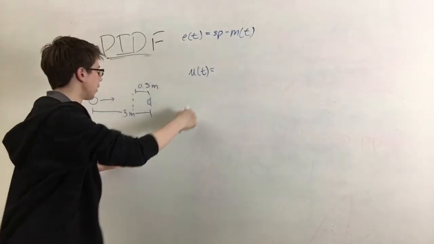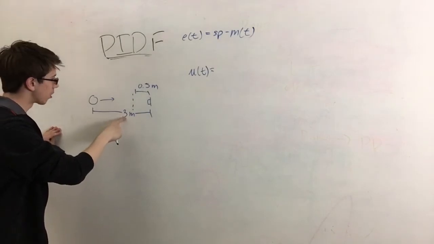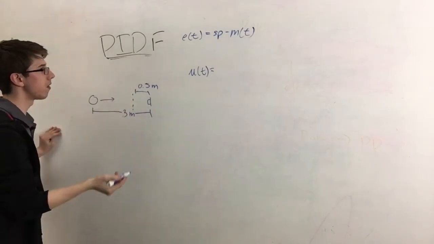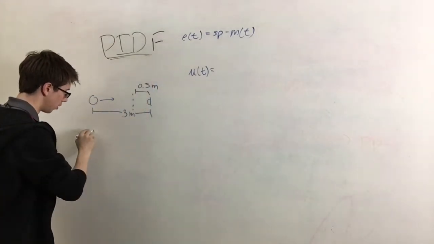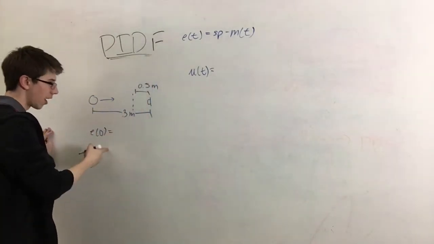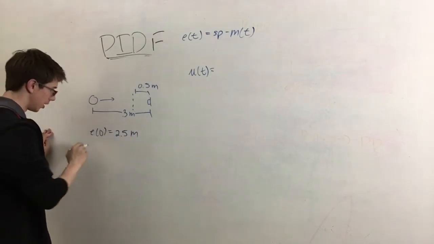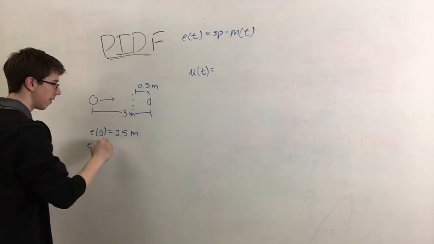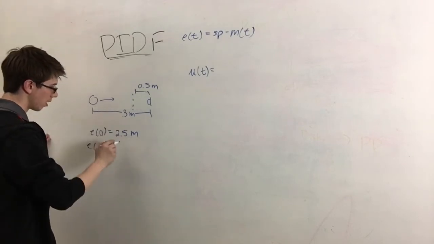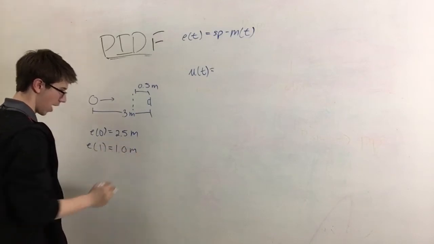The next thing we're going to want to do is take a look at our error. Well, our current error is 3 minus 0.5. So let's say that our time right now is 0. So our error right now is 2.5 meters. Let's say that at 1 time value, let's say 1 second, it's currently 1.0 meters away.